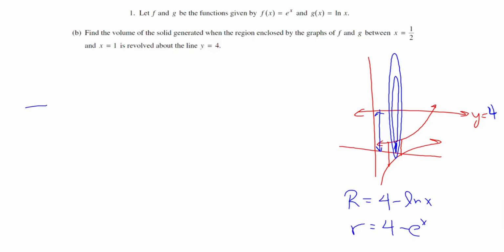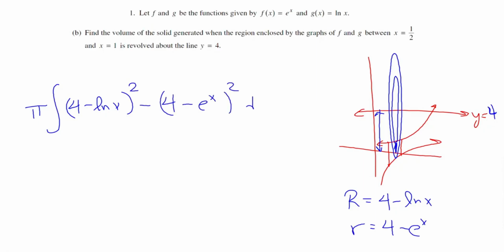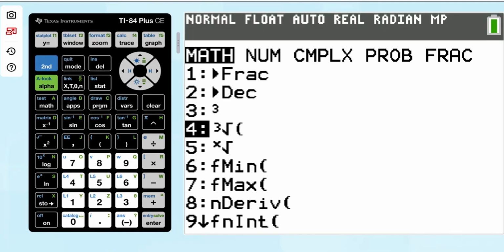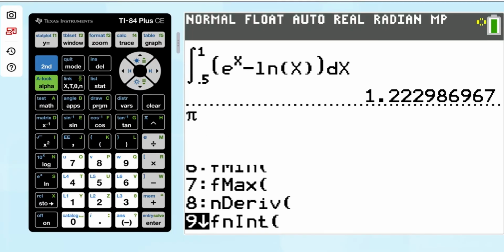So we have pi times our outer radius squared minus our inner radius squared, integrated from 1/2 to 1. And so we'll just put that into our graphing calculator. Don't forget your pi out in front. We'll hit math, option number 9.